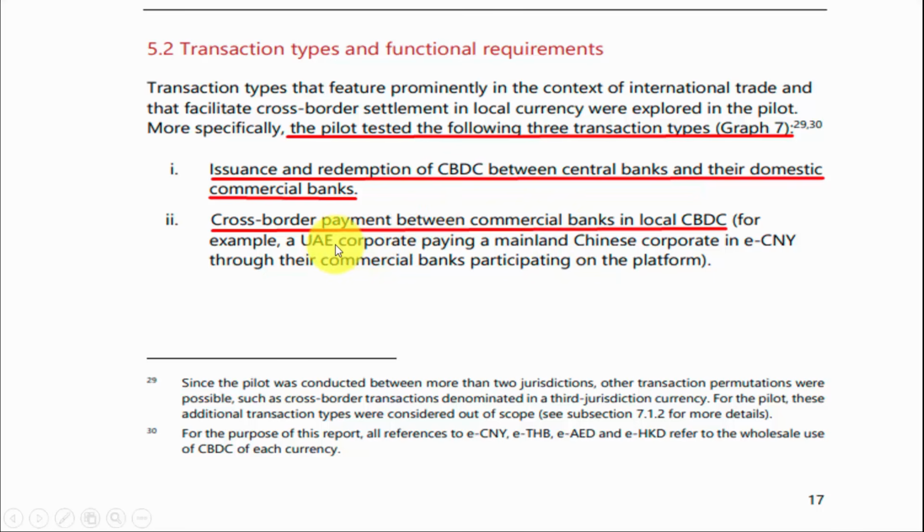And in this example, the UAE corporate is paying a mainland Chinese corporate in ECNY. So the UAE has ECNY CBDC and they're sending it to the Chinese corporate as a payment. And that's just one cross-border payment between commercial banks in their local CBDC. So the local CBDC was being used to make the payment to the recipient.